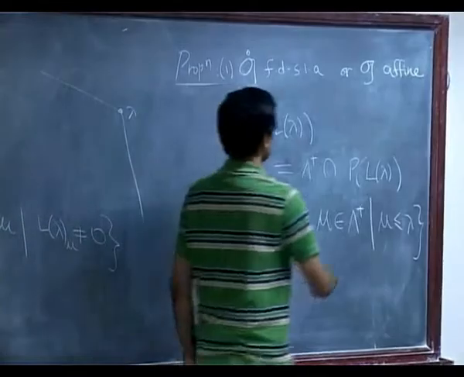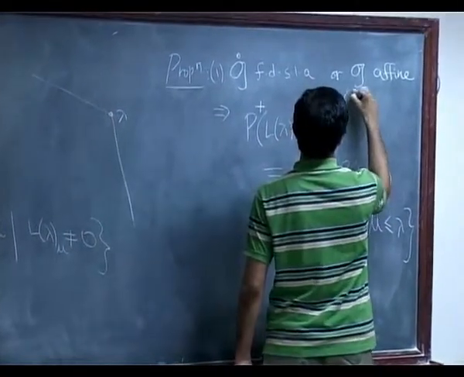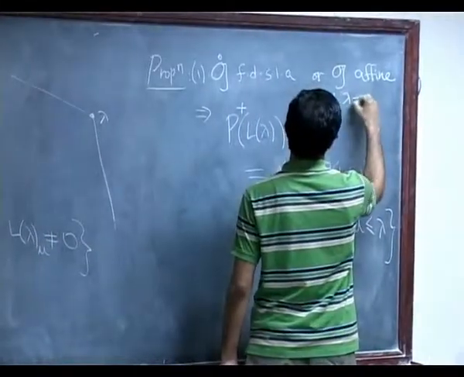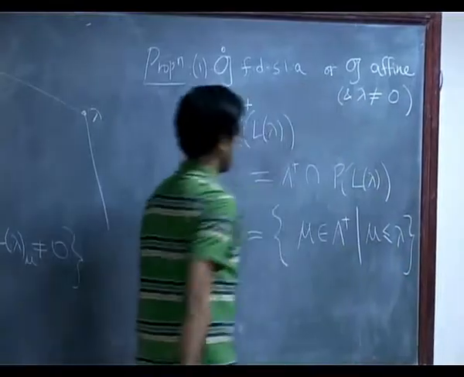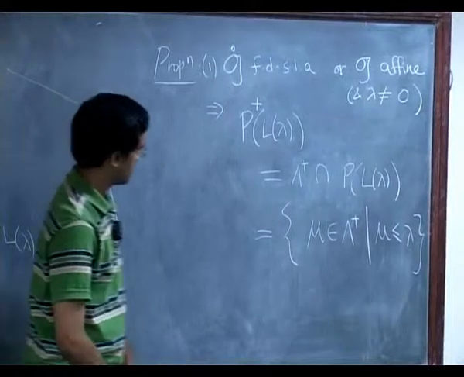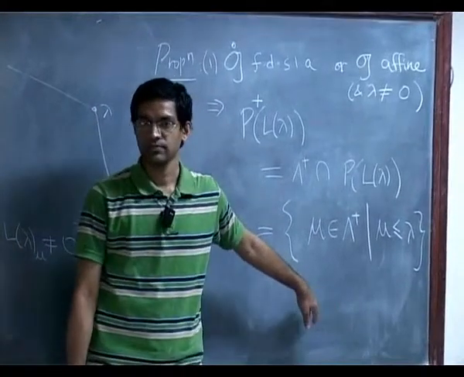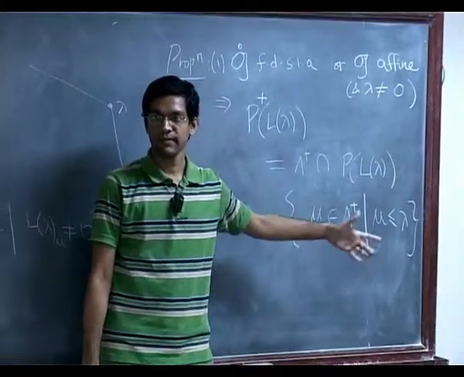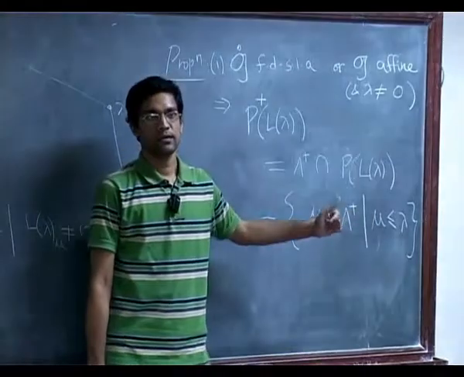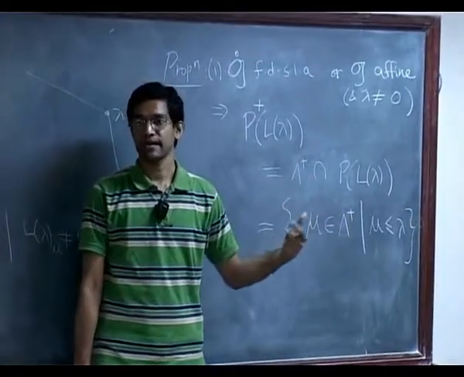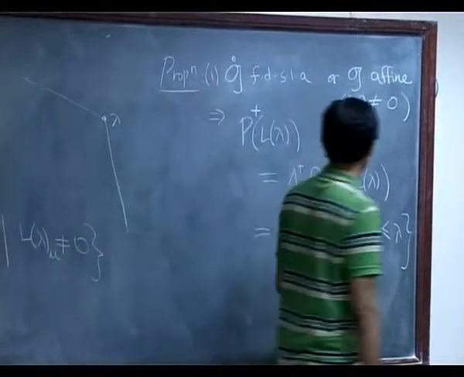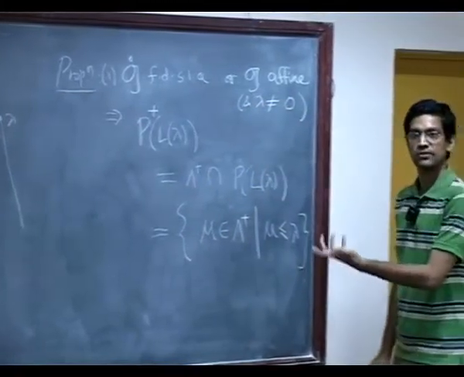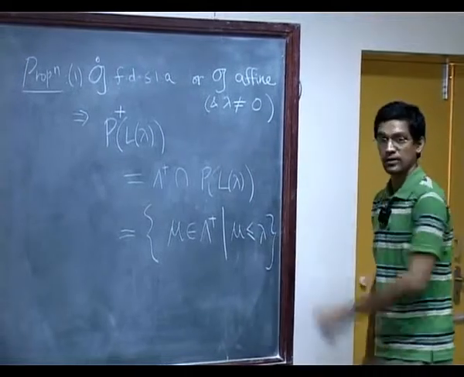So I should say G affine, and let's say lambda is not 0. Then the very same thing remains true. Except for the trivial module, as long as that central element acts non-trivially on your representation, you will always get the exact same thing. You just need to understand the weights which are smaller than or equal to lambda.